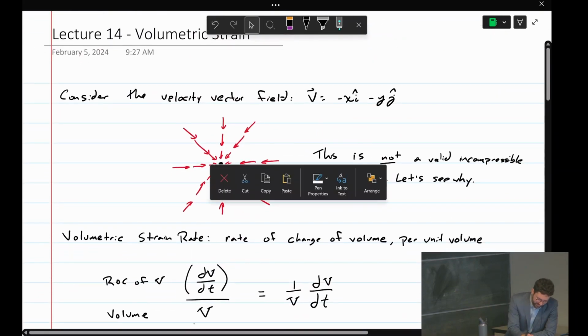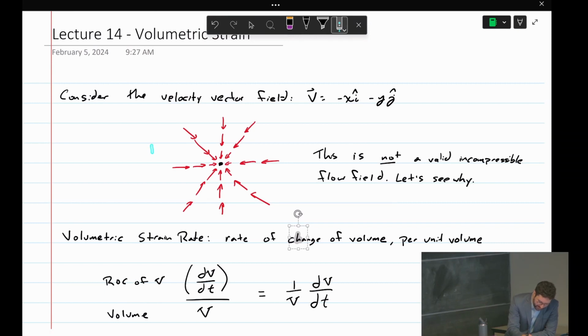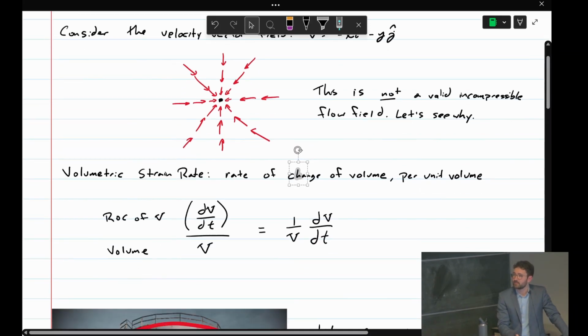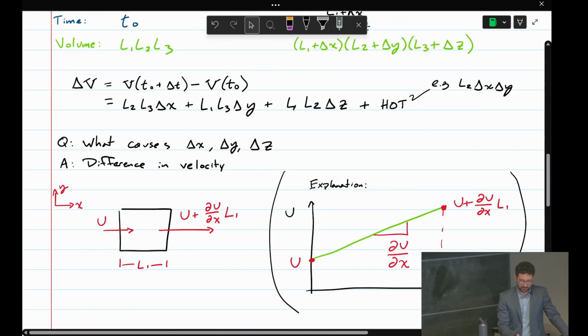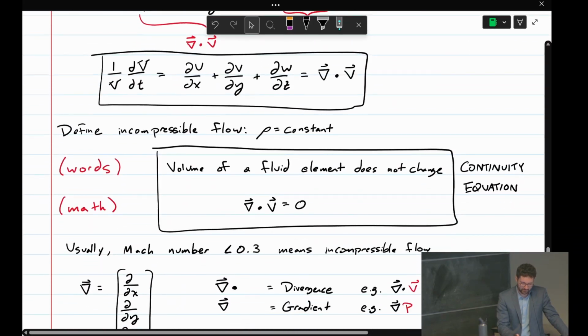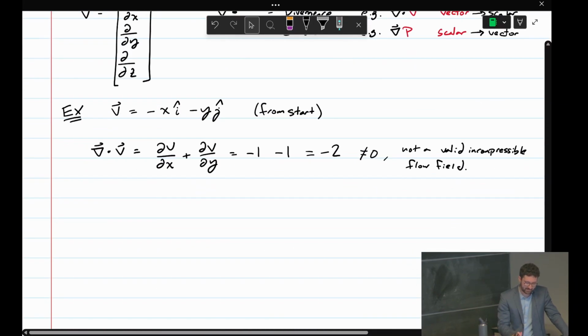But out here, say on some fluid element out here, we're also sinking mass. So the stretching in one direction isn't equal to the shrinkage in another direction. You can think of it that way. That's what the divergence tells us about that field. So it's not a valid incompressible flow field. So this is most often seen as a constraint on incompressible flow fields. Any questions on that?